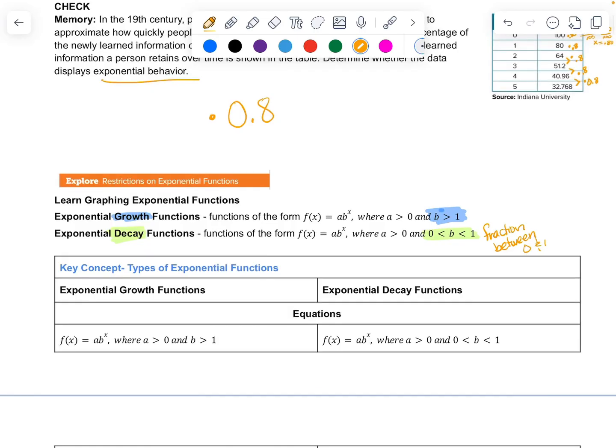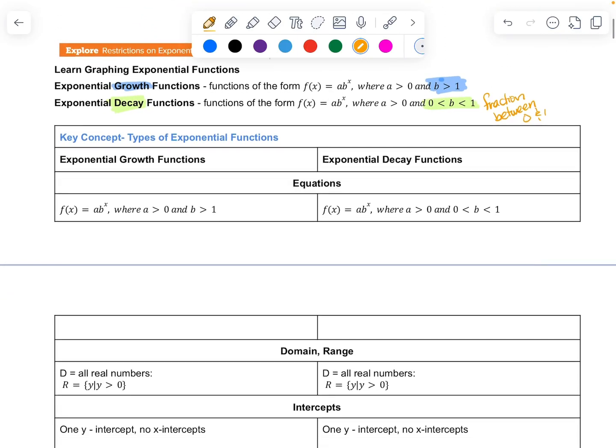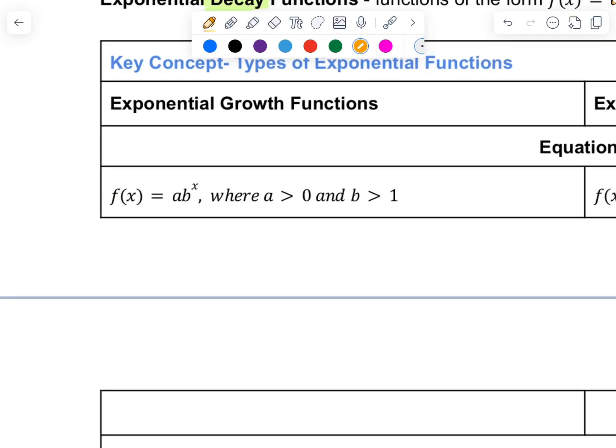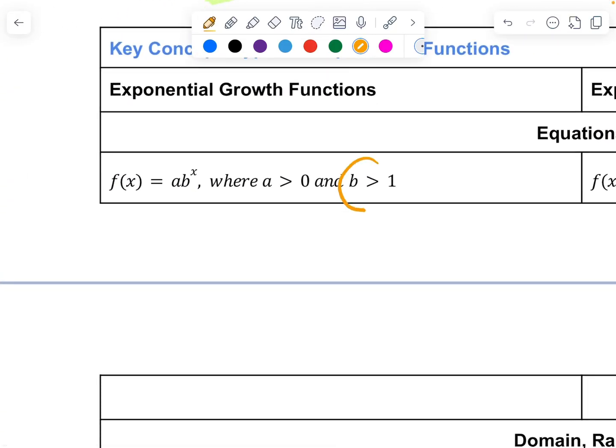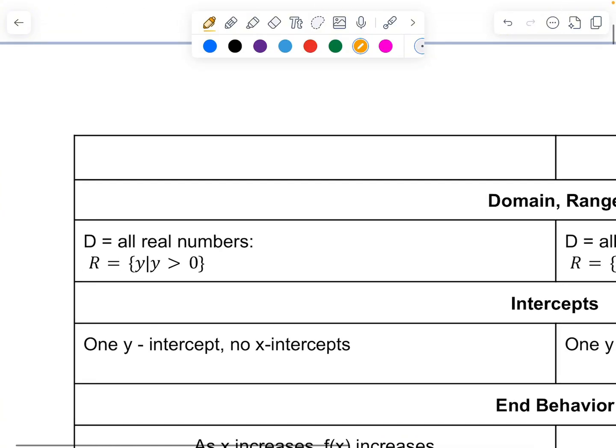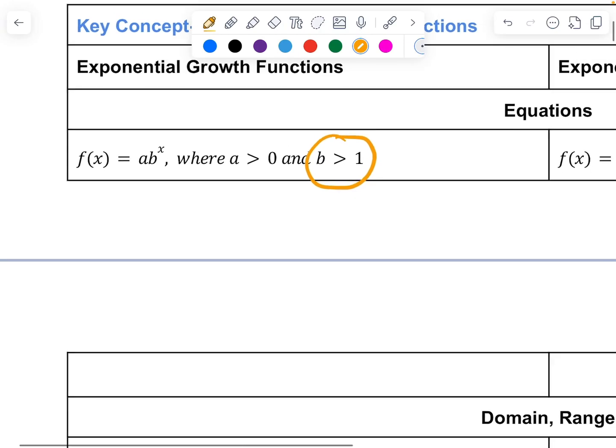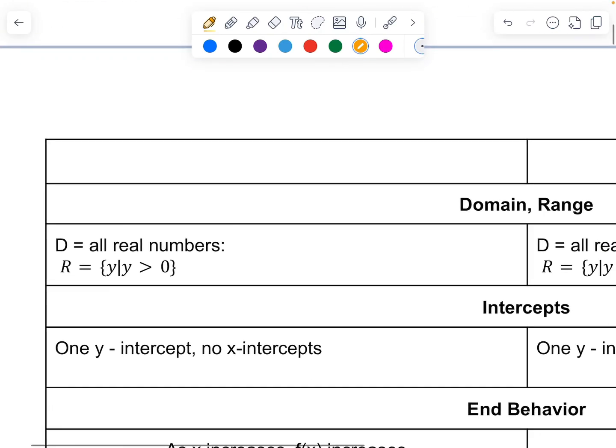So if I look at the growth, b is going to be greater than 1. When I look at this, the domain is going to be all real numbers. The range is going to be y is greater than 0. Okay, the y value is going to be greater than 0.